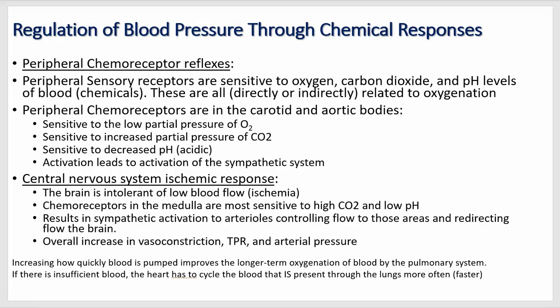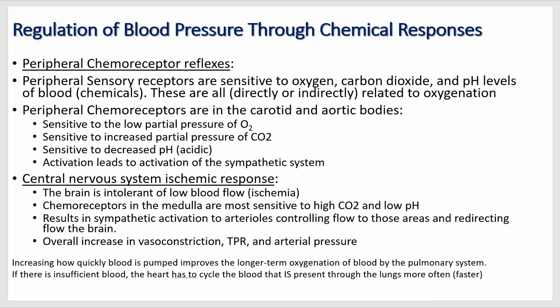Okay, other ways to regulate blood pressure: chemical responses. The baroreceptors are saying that if the vessel is stretched more, that means increased blood pressure. One other thing we know is that if oxygen levels are low and carbon dioxide levels are high, we probably need to move blood more quickly.